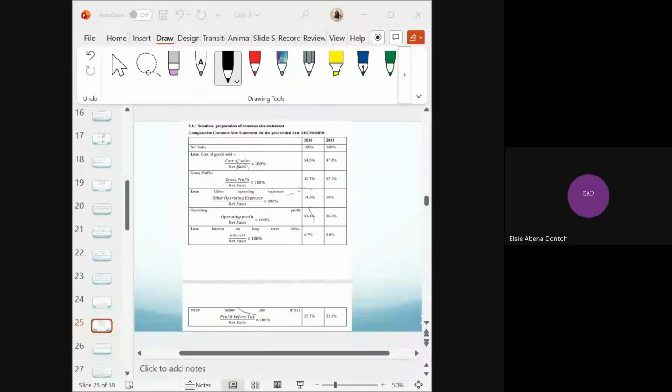Madam, this is Mumuni. I wanted some clarification here, not on the operating profit. So, at the cost of goods sold, we have it in 2016 as 54.3% and 2017 47.8%. And Mr. Awal let us understand that there is an increment inside of it.